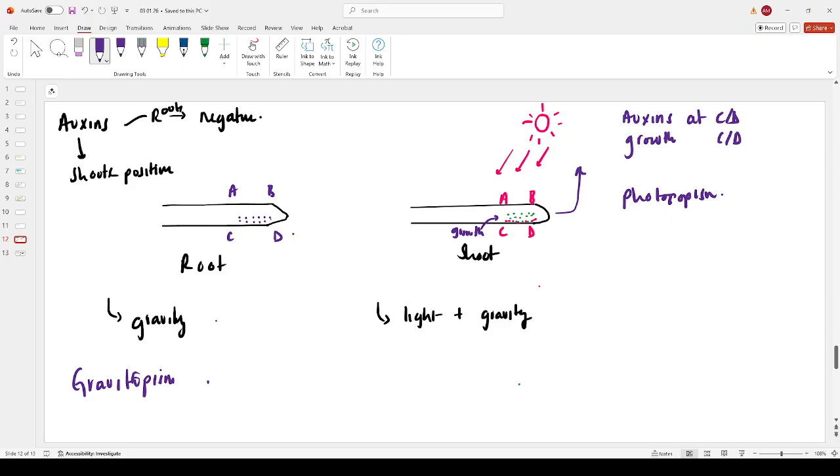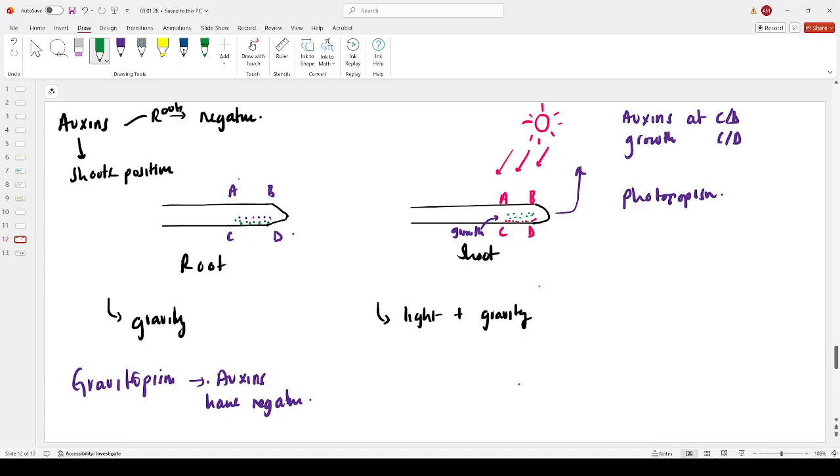So for geotropism, the auxins will have a negative response. Okay, so all of the hormones have accumulated at CD. So here are all the cells that are affected by it. So it stops the growth. That means this side grows.